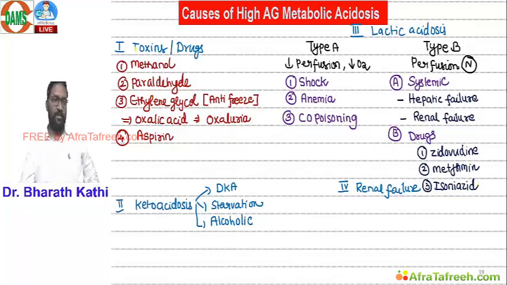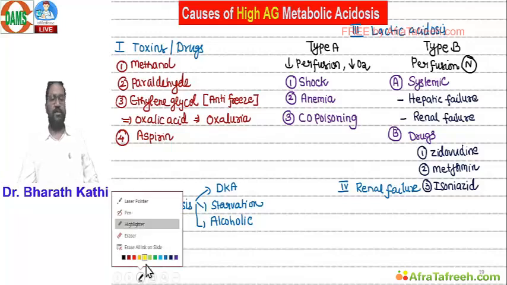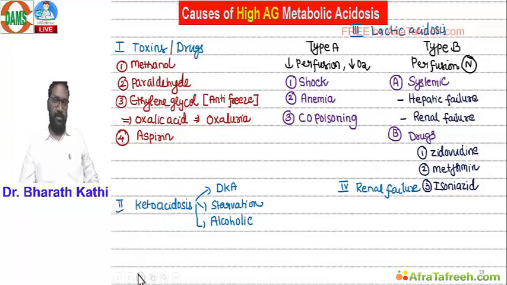Very, very important. Always high anion gap with relevant history is very significant. Anion gap high is generally not an incidental finding. It indicates one of the following.